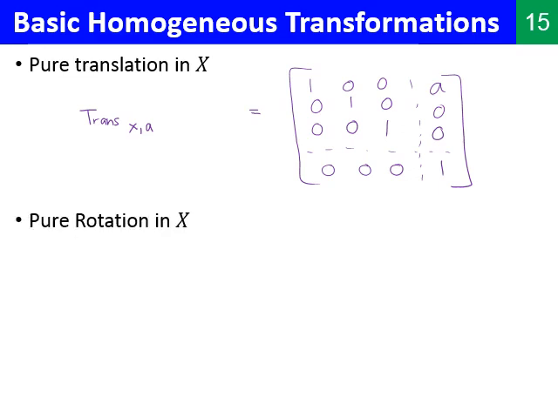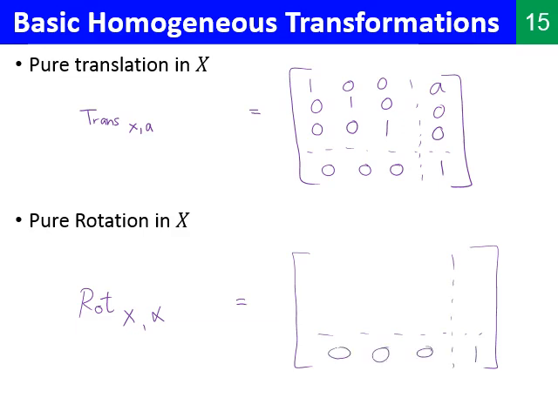Now you should be able to do the second one, pure rotation in x-axis. That is rotation about x-axis, let's say alpha angle. Can you find that? Yes. So again, you'll have the partitions 0 0 0 and 1. When we are dealing with pure rotations, there won't be any translations, right?